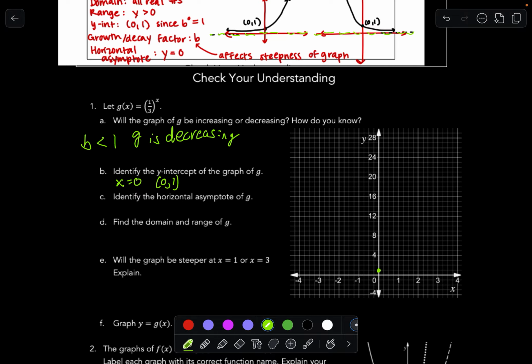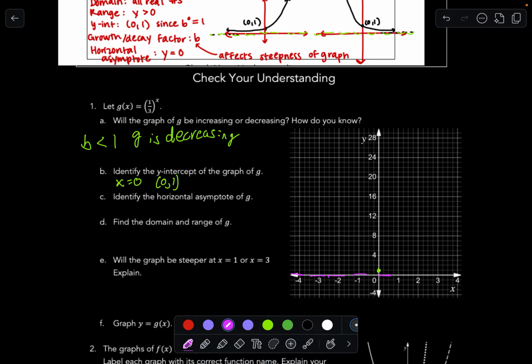Identify the horizontal asymptote of g. Well, for parent exponentials, the horizontal asymptote is always going to be y equals 0. So it's going to be down here, right there.